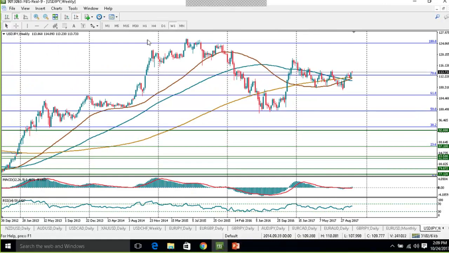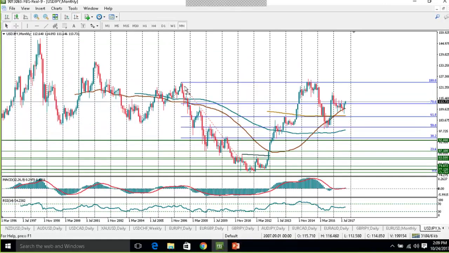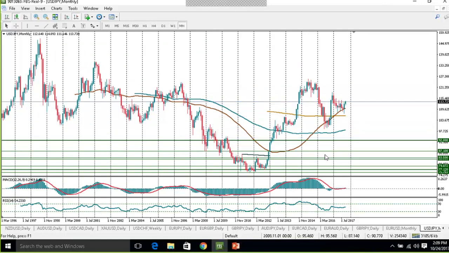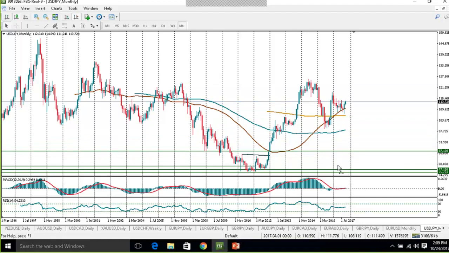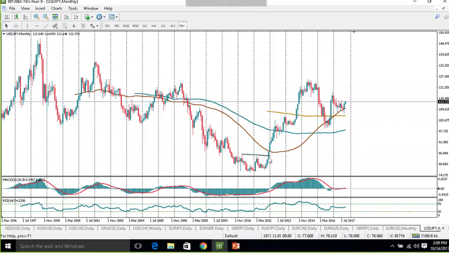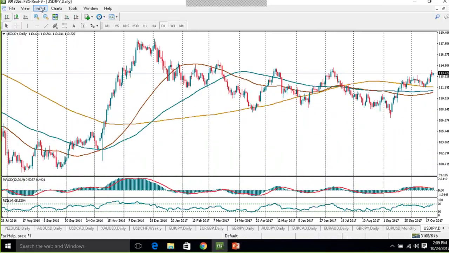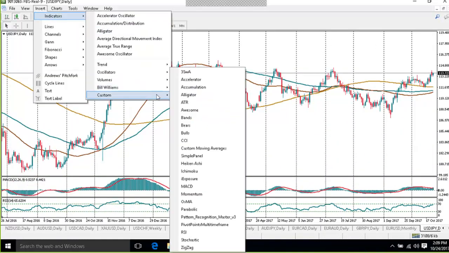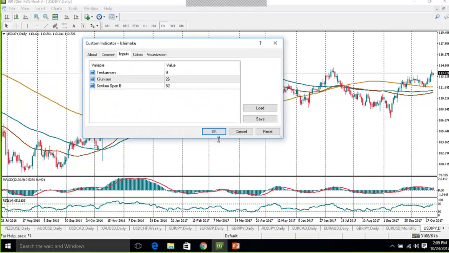Just a second. Somehow some unnecessary levels appeared here. Don't need them. So insert indicators, custom Ichimoku.